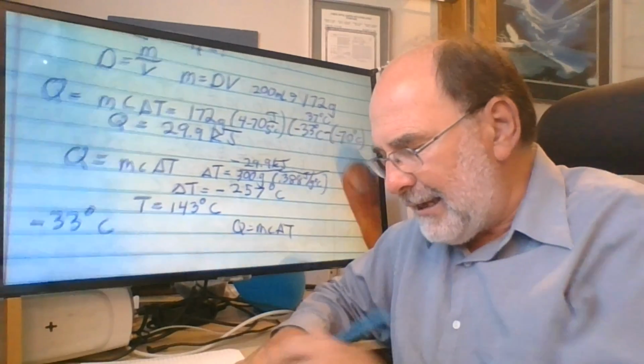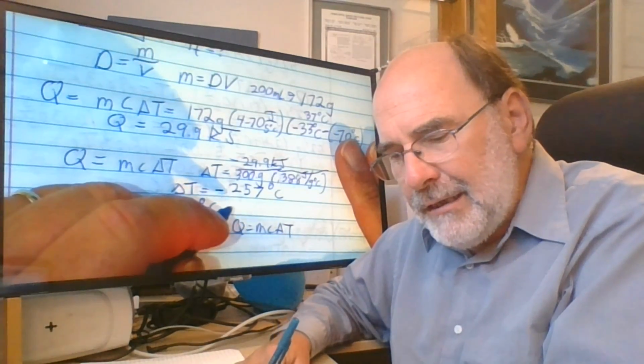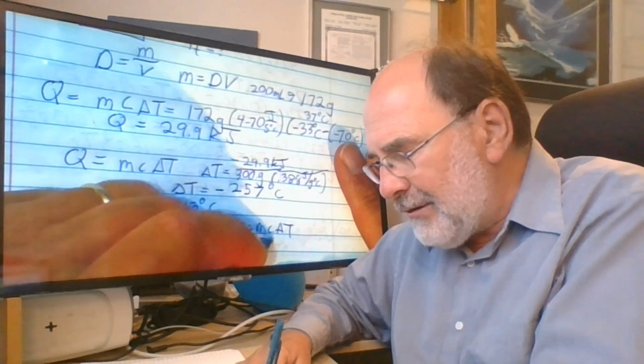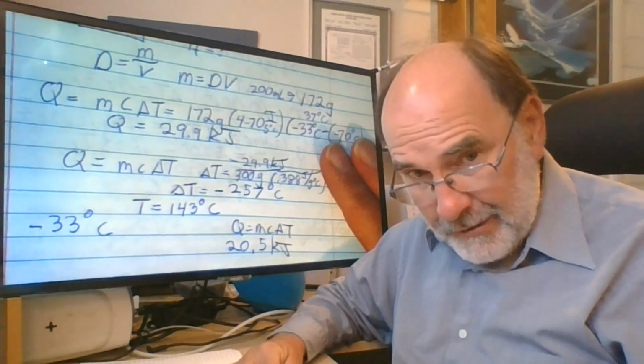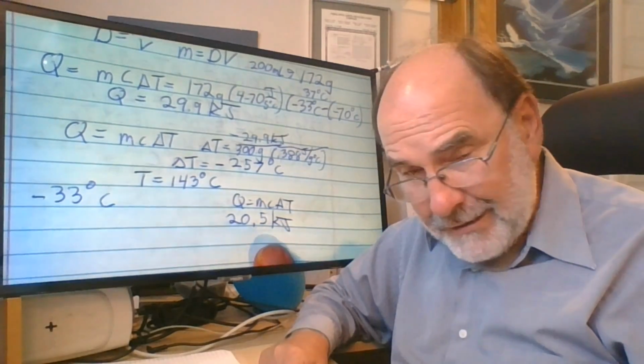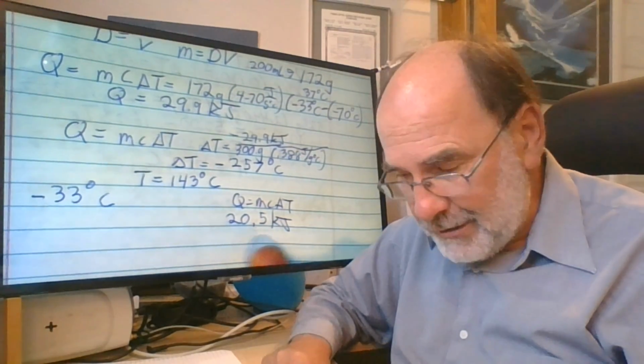And when I multiply it out, I get a heat of 20.5 kilojoules of heat removed from the zinc, cooling it down all the way to the boiling point of ammonia.